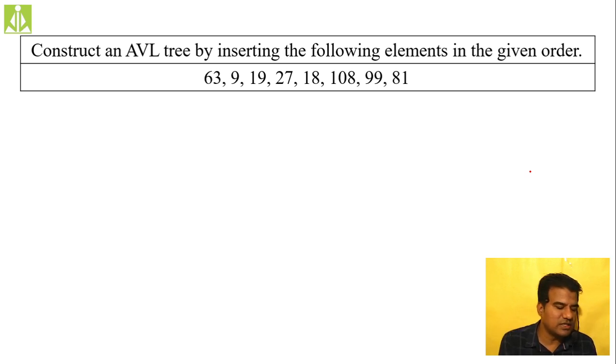By using all these nodes, we construct the AVL tree. It is a very simple operation. Step by step we move, and step by step we see how we can perform the insertion operation on an AVL tree.